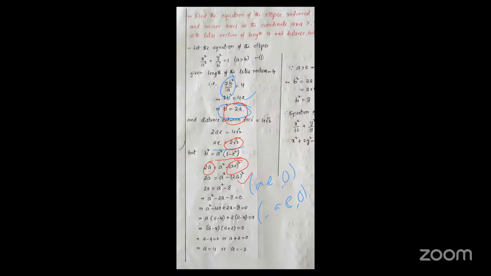So now taking all the terms to one side, we get a square minus 2a minus 8 equal to 0. So this is a quadratic equation in a. By factorizing, we get a square minus 4a plus 2a minus 8 equals 0.